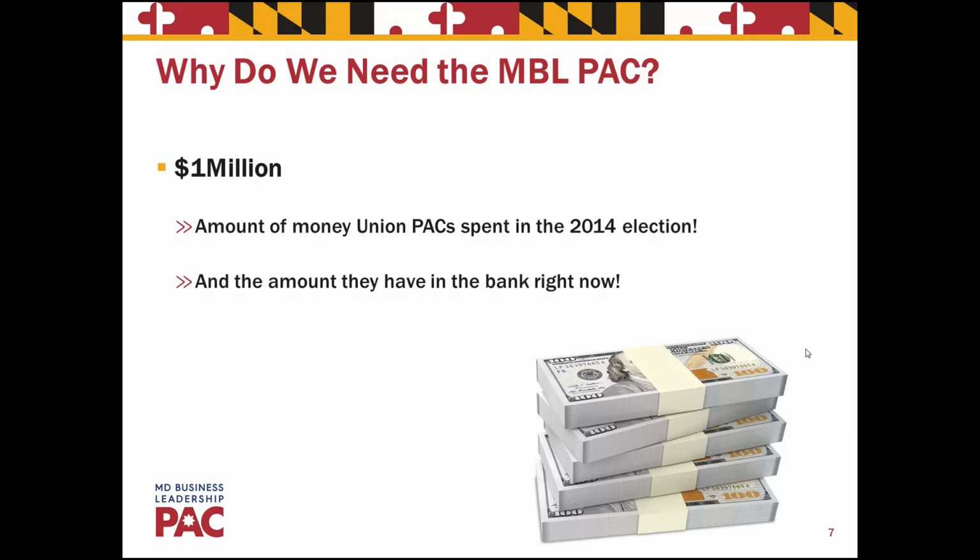In just the 2014 gubernatorial election, the amount of money spent just by union PACs was almost $1 million between the primary and the general. Perhaps an even scarier part about that, though, is having spent all of that, they still have $1 million in the bank. And we're 3 years out from the election, so they've got a long way to go to keep piling up the funds.